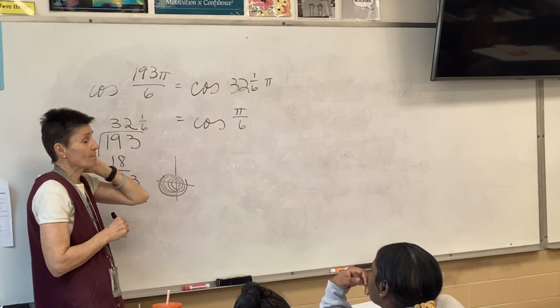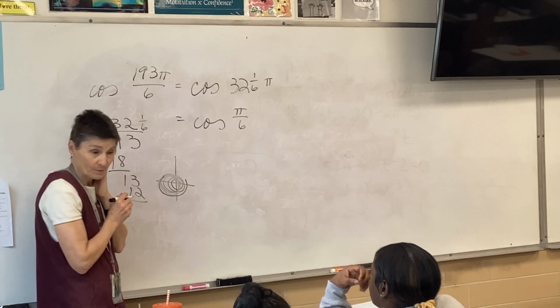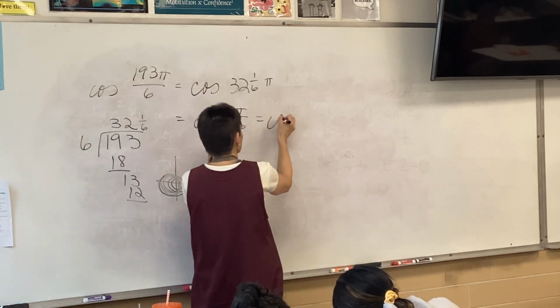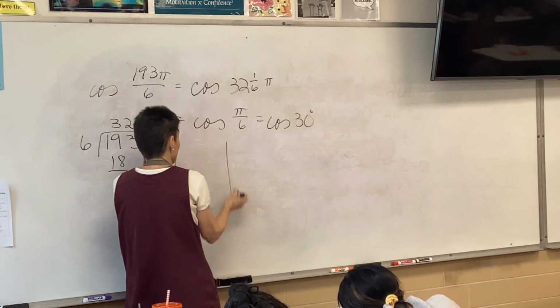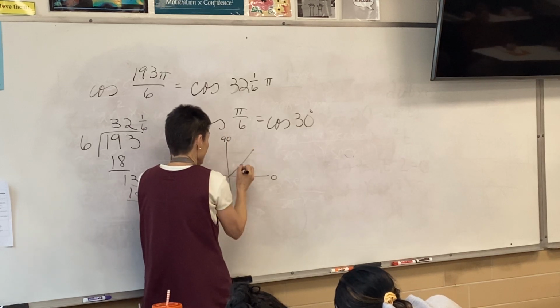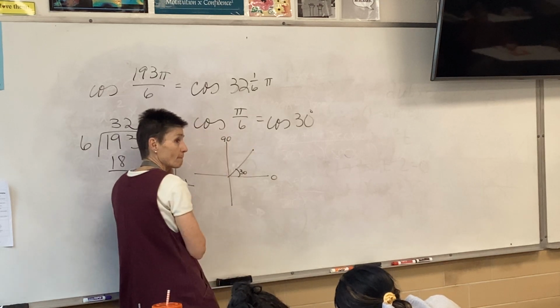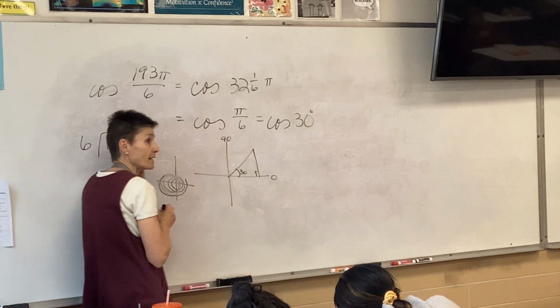Tell me about pi over 6. Pi is 180, so isn't that 30? So we're finding the cosine of 30 degrees. If that's 0 and that's 90, would you agree this is 30 right here? Yep. Let's make our butterfly bow tie triangle.